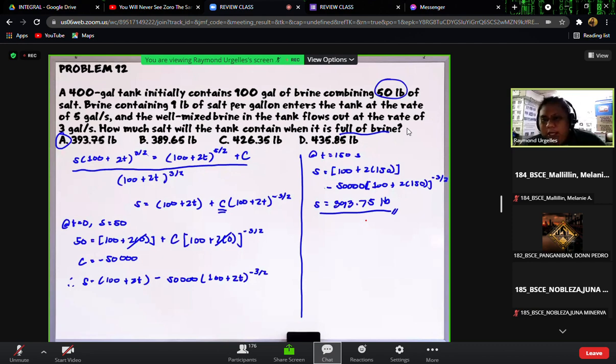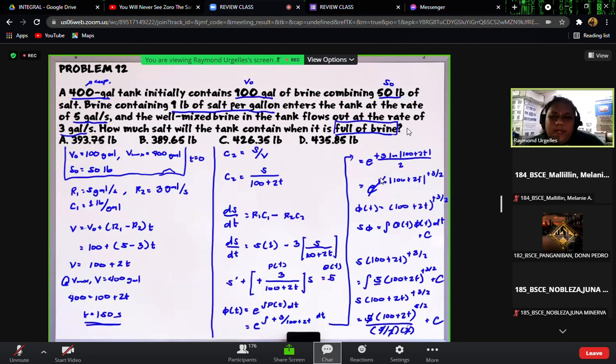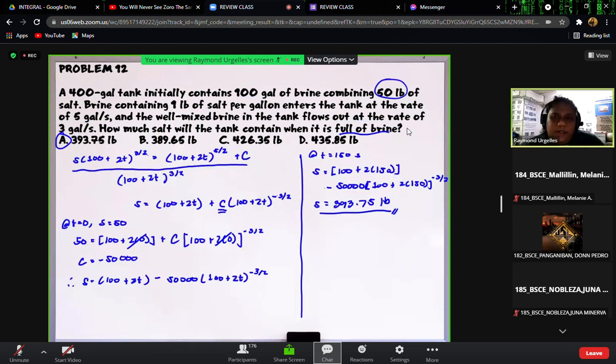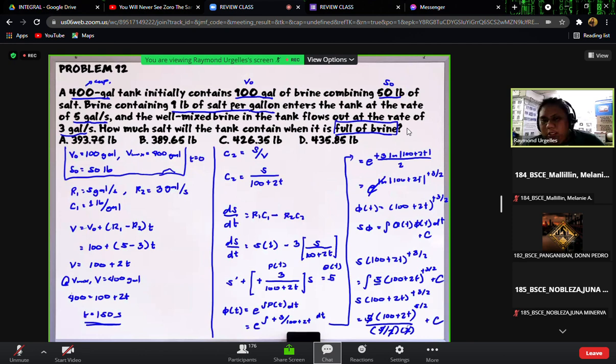So actually, there's another way para ma-solve tong problem. Kung gusto niyo i-try yun, ang idea lang doon is instead of using yung amount of brine natin as a function of time, pwede natin siyang ilipat as a function of volume. Kasi mula doon sa equation natin ng volume, kayang-kaya natin i-solve yung dV dt. So kaya yung idea is pagdating dito, i-multiply nyo to ng dV over dV.